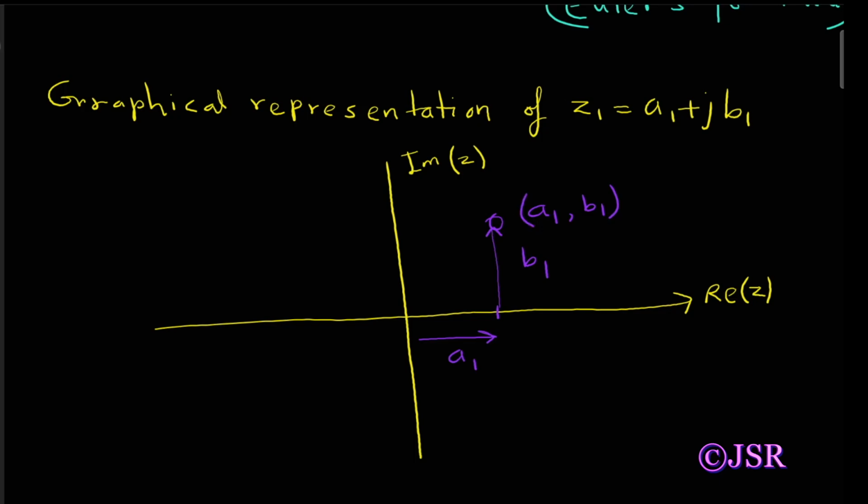So the line connecting origin to this point will represent the vector z1.